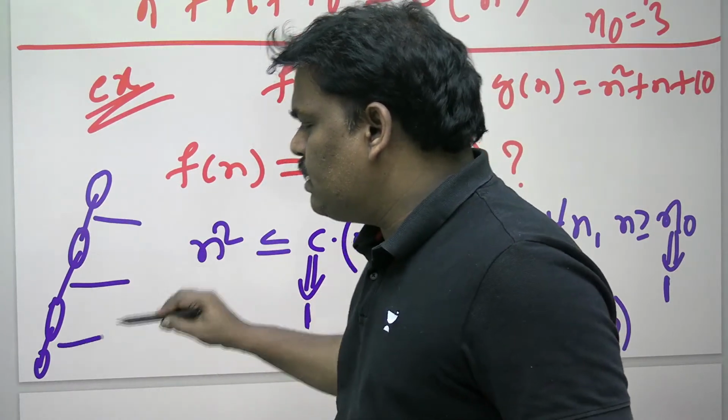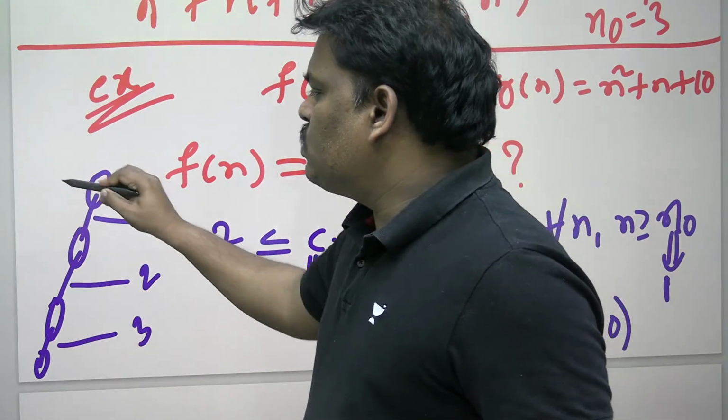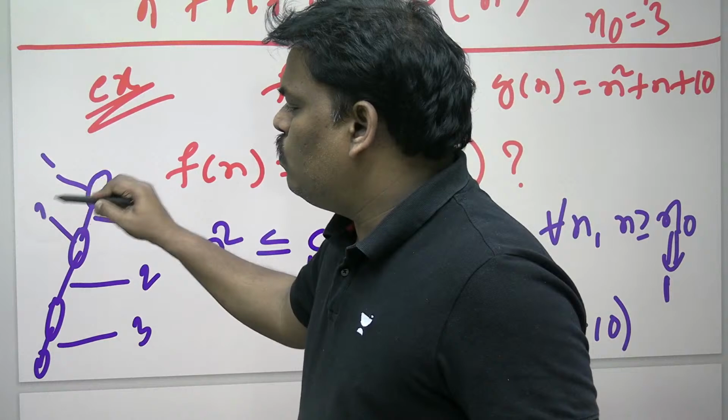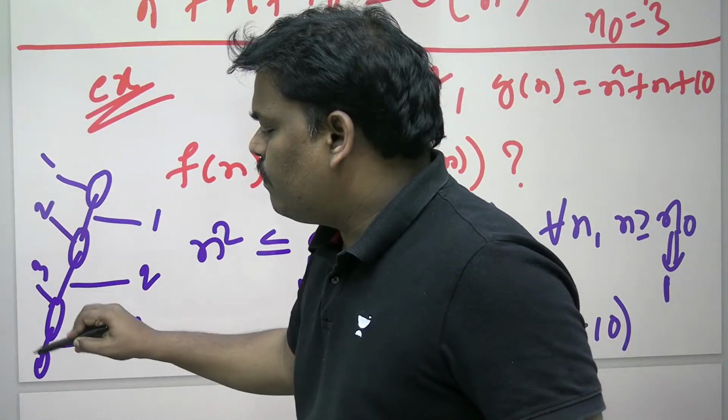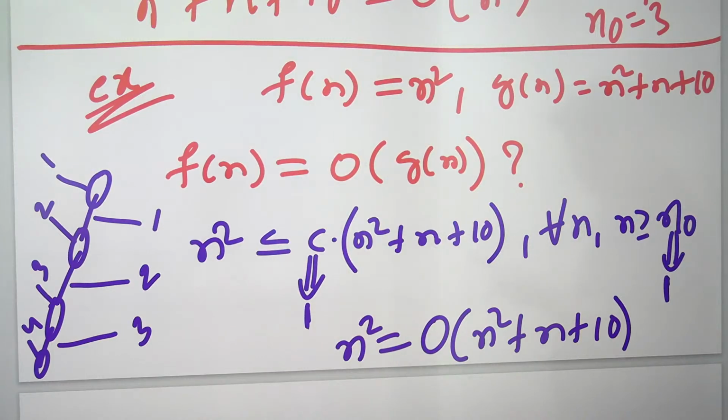Height is 3, levels 4: 1, 2, 3, 4. Height means edges.